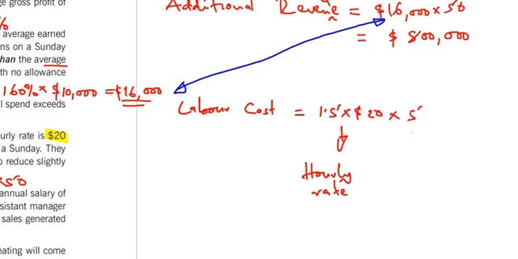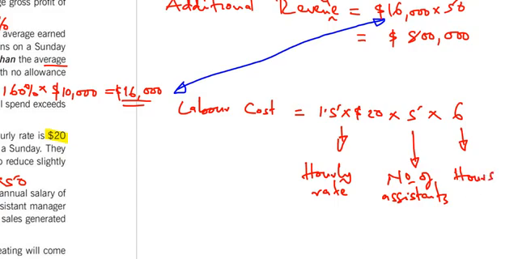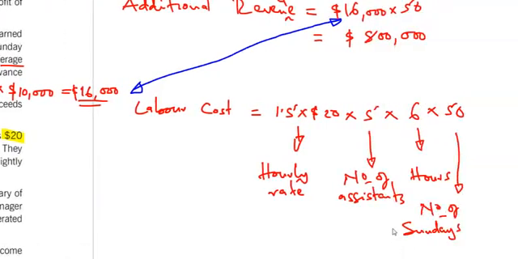There are 5 assistants, and this here is the number of assistants who work for 6 hours. This here is the hours. Who work for 50 weeks. This here is the number of Sundays.